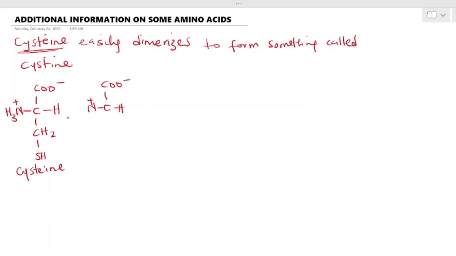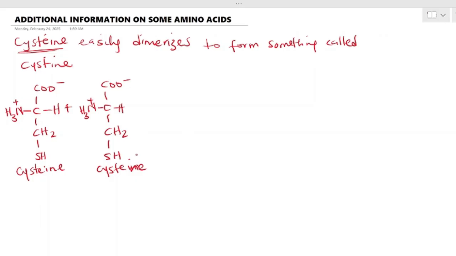So we have another CH2SH, and this is another molecule of cysteine.